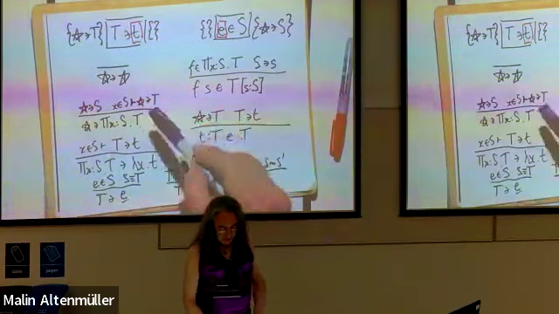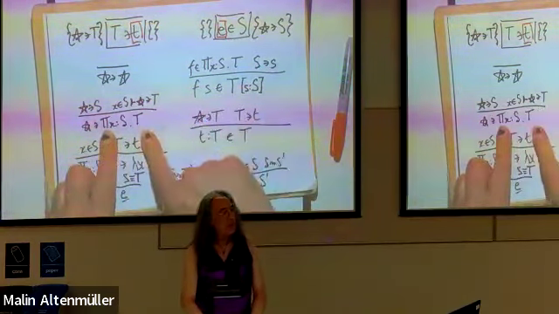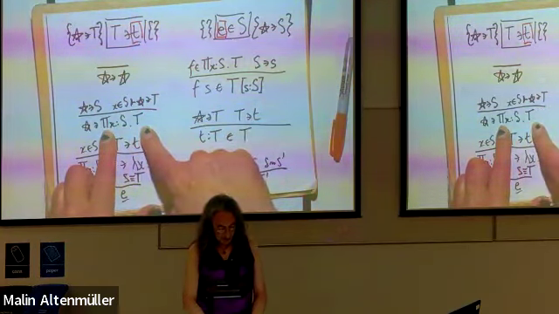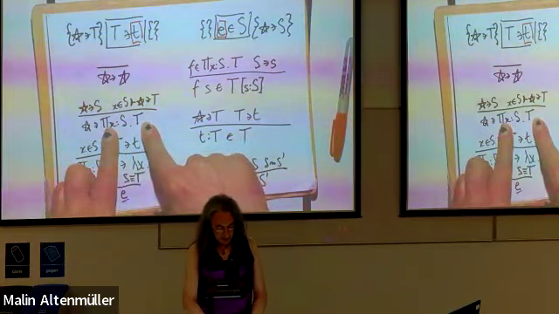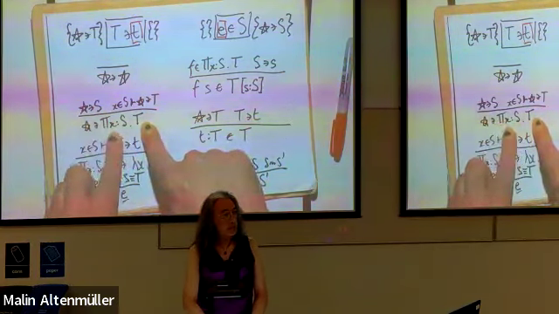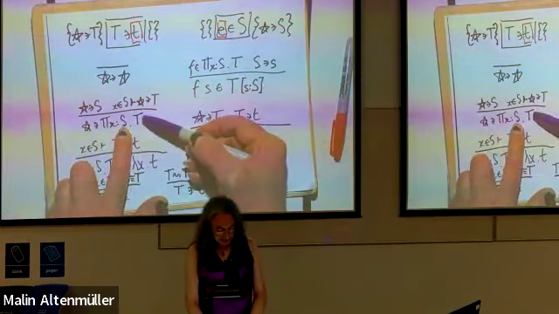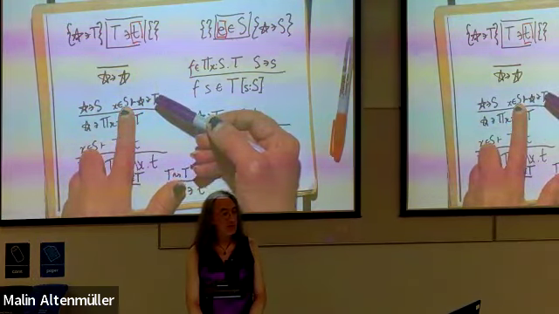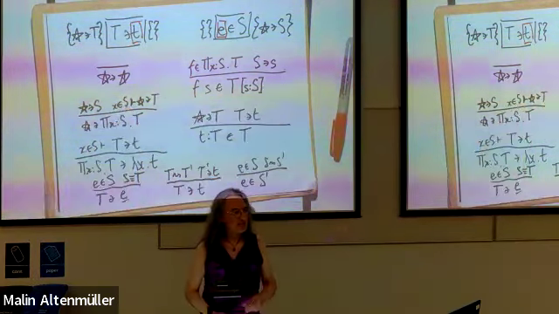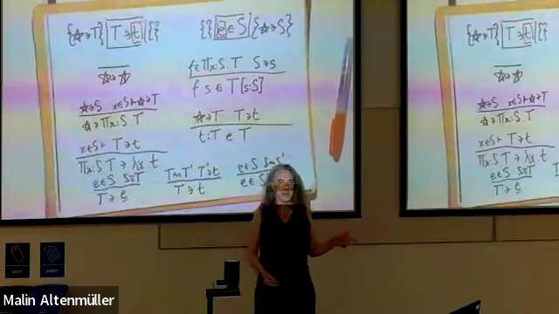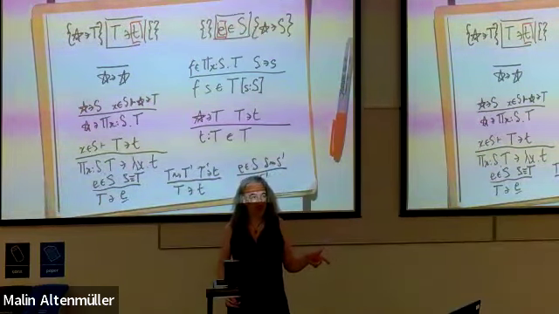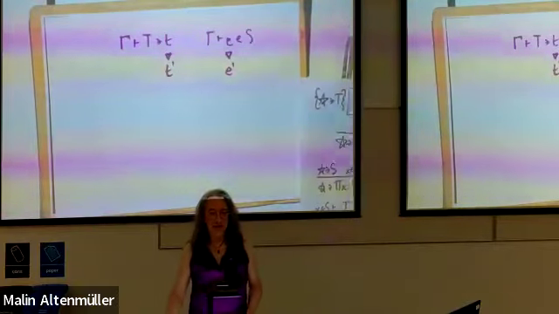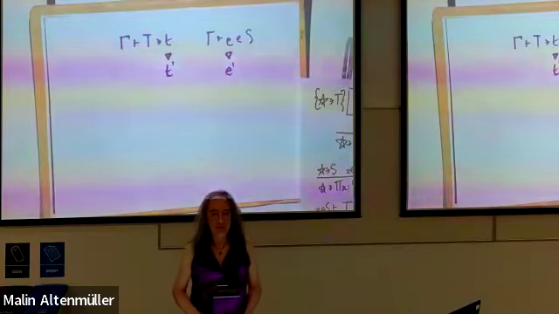Here's a rule where something that comes in the subject is allowed to step. But you can see this S ends up in the context. So if my induction hypothesis doesn't let the context compute, I'm in trouble. Okay, so that tells us something: the context needs to be allowed to compute at least as much as the terms are.